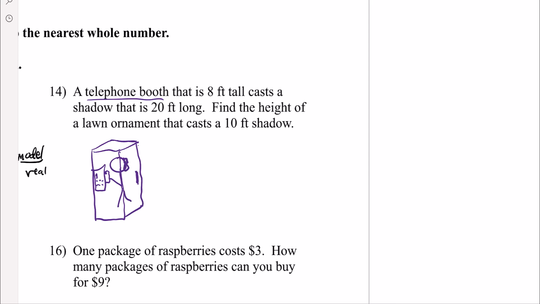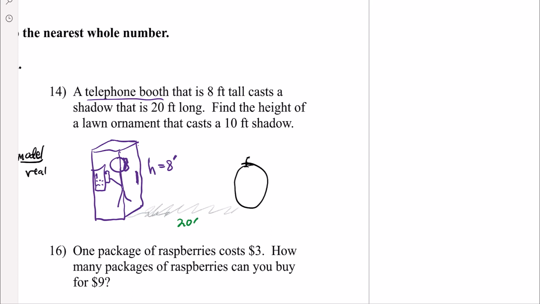whatever. All right. So a telephone booth, this height is 8 feet. It casts a shadow that is 20 feet long. All right. Find the height of a lawn ornament. I'm just going to do like a Christmas ornament.